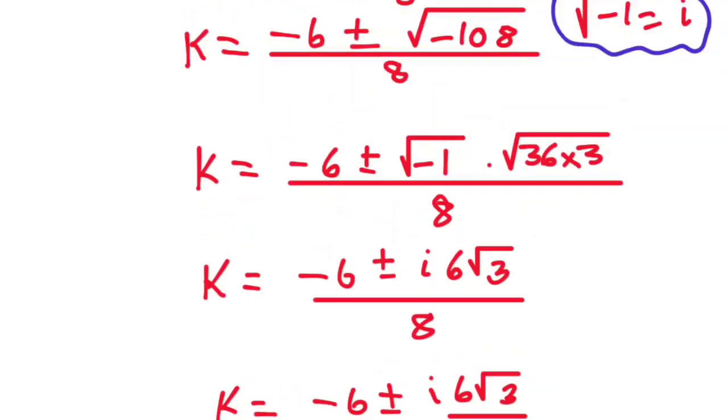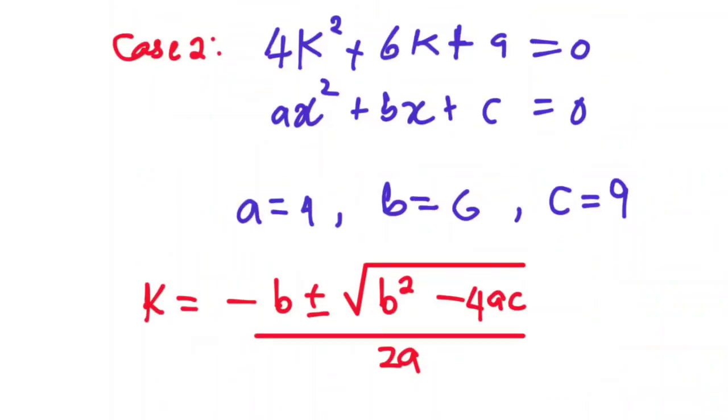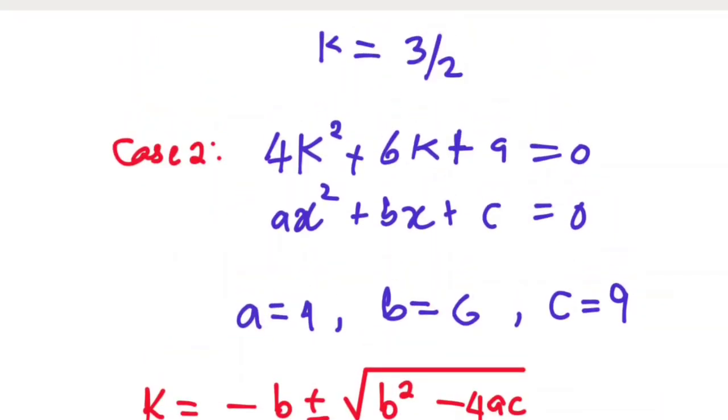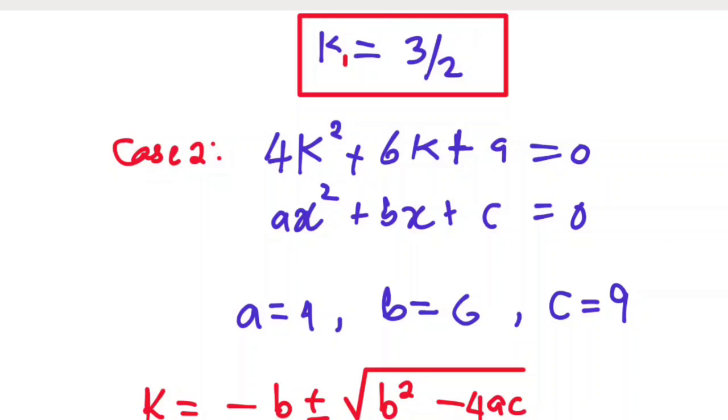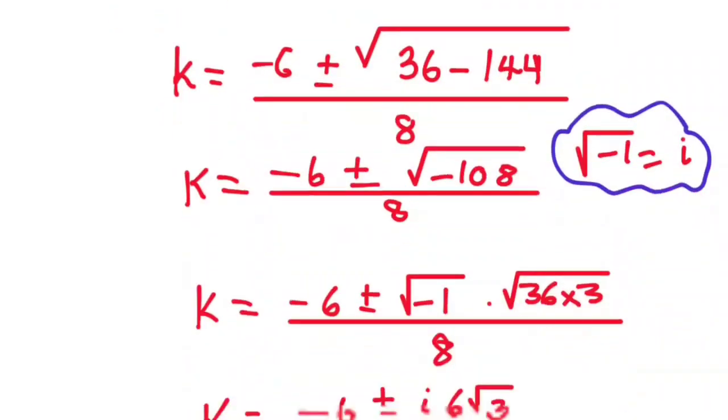And we have the first one here, which is the real value, which is k1, which is 3 over 2. Alright, so you can quickly check whether we are right or not. If you want to check, let's check for the real one.